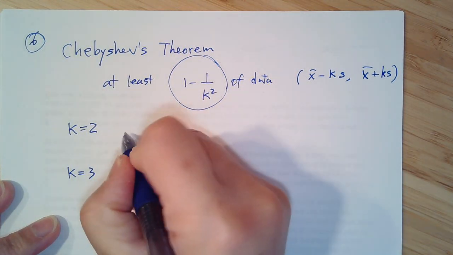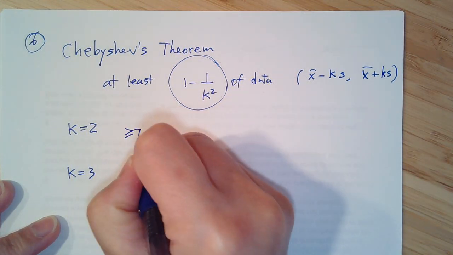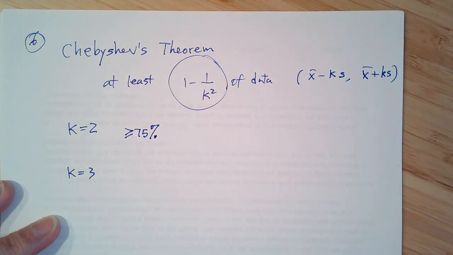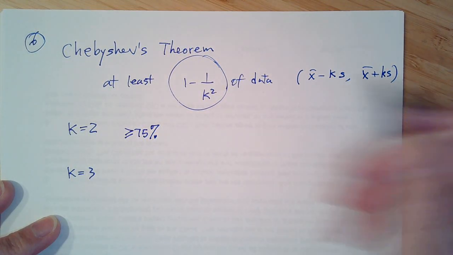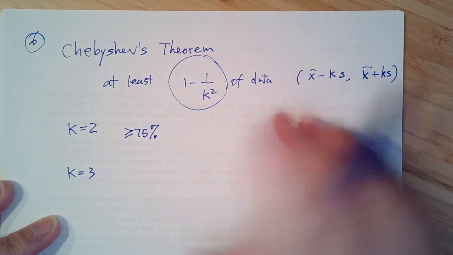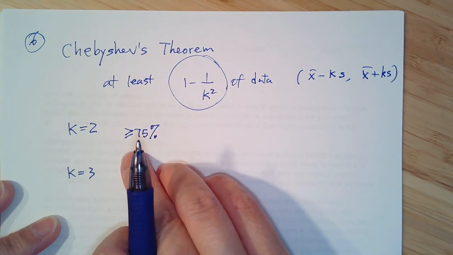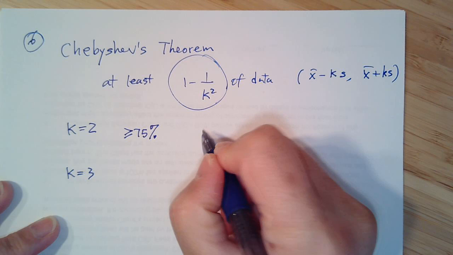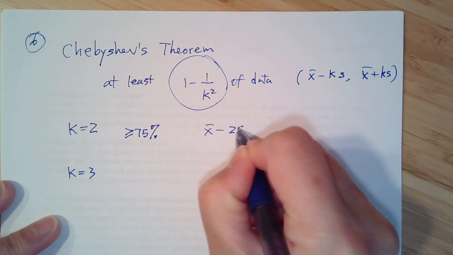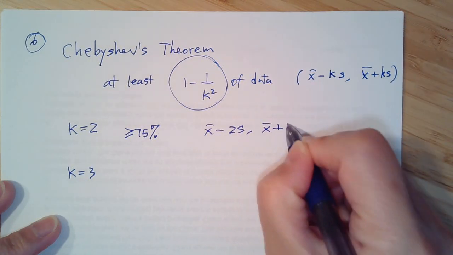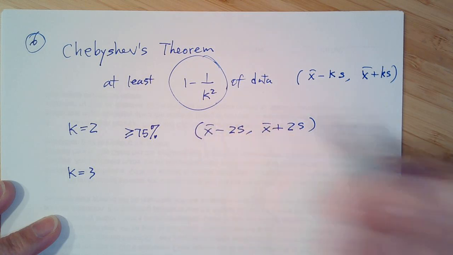So I would say greater than or equal to 75%. You see that, right? 3/4 is 75%. I just use percentage to show this proportion. So at least 75% of the data are between x bar minus 2 standard deviations and x bar plus 2 standard deviations in this interval.